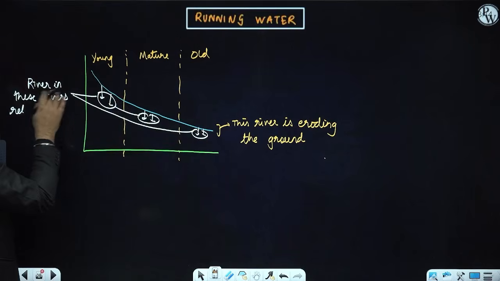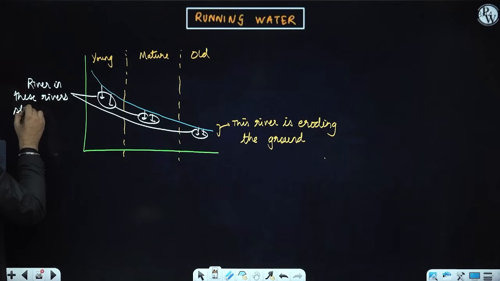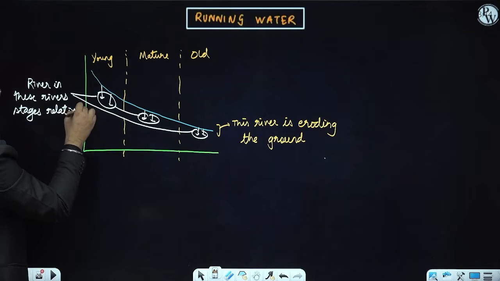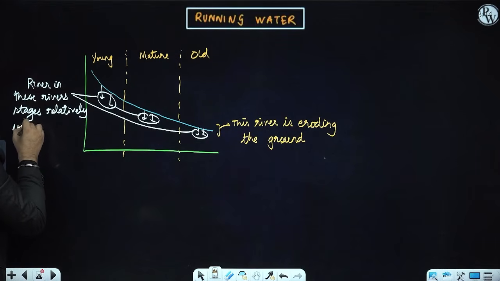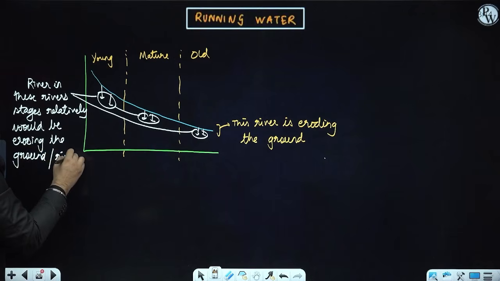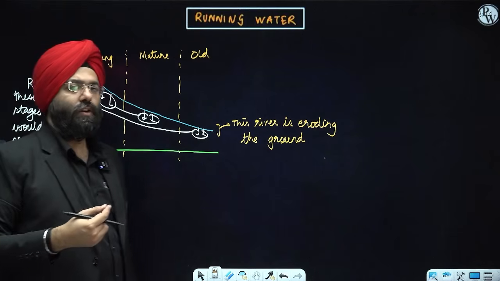But the river in these stages would be eroding the ground, or let us say the river bed. Till what level will it erode?